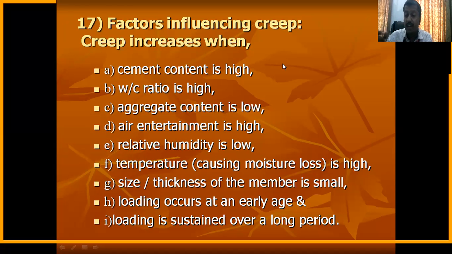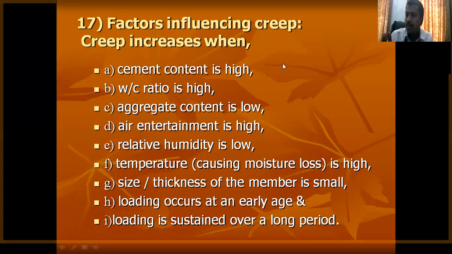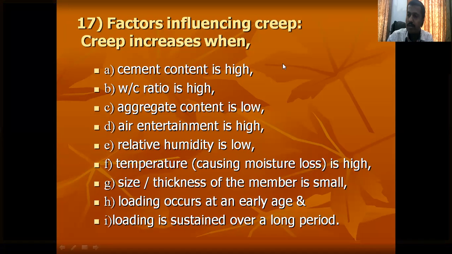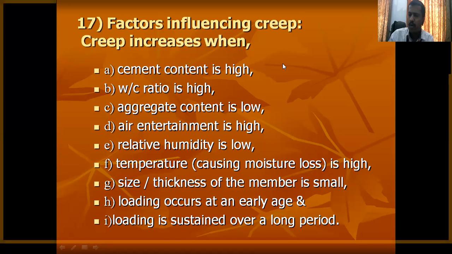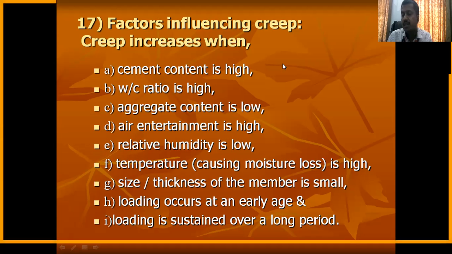I'm trying to define characteristic strength in the simplest words possible. I have prepared some concrete blocks and tested their strength. Suppose the first block has a strength of 10 MPa, that is megapascal. MPa is equal to Newton per mm square. Do you know the units and their conversion very well?